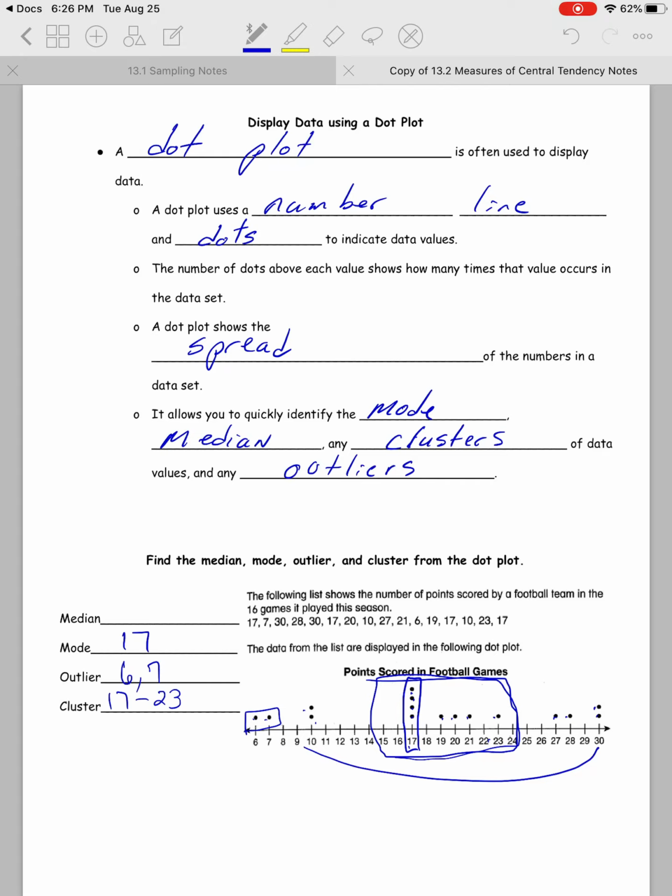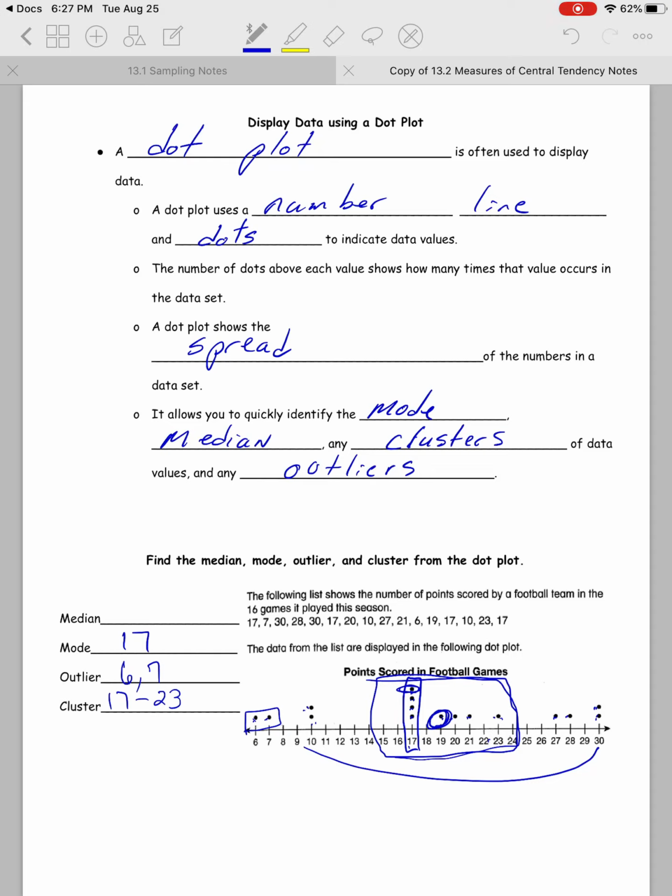So where would the middle be? Numbers in 16, what's the middle of 16? It'd be 8, right? So we got to find those two numbers. So we got 1, 2, 3, 4, 5, 6, 7, 8. So one of them is going to be 17. And let's count backwards. 1, 2, 3, 4, 5, 6, 7, 8.